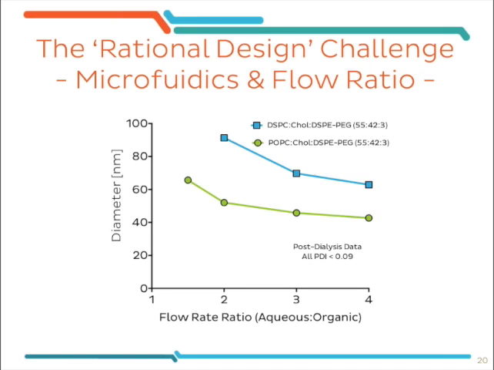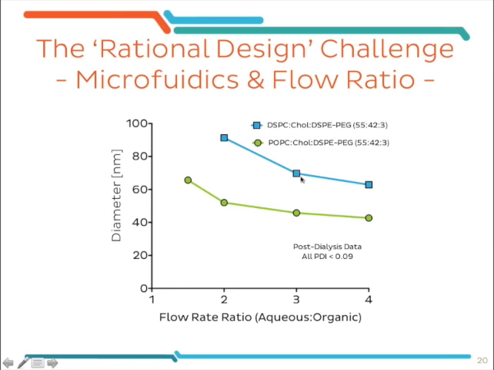We can obtain a similar effect by keeping the flow rate constant, but adjusting the ratio with which the aqueous and organic solvents are mixed. And in this graph here, we show the particle size of two liposome formulations as a function of the aqueous to organic fluid flow ratios.